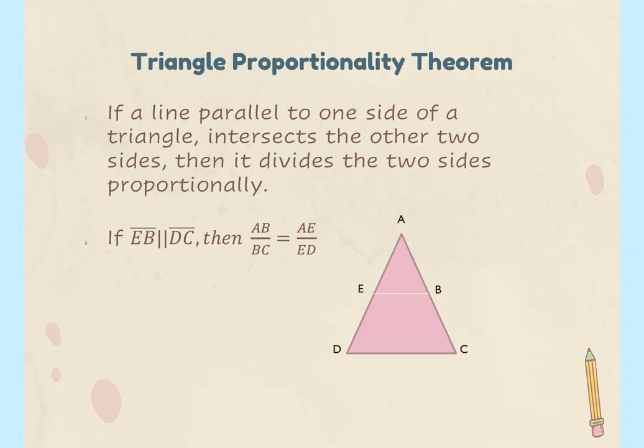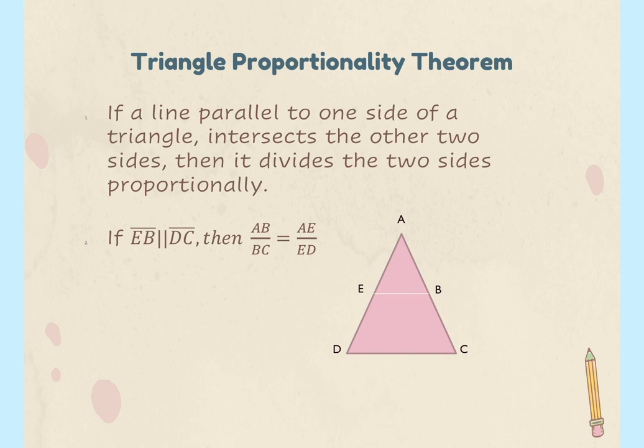So the first one is called the triangle proportionality theorem. And what it says is that if a line parallel to one side of a triangle intersects the other 2 sides, then it divides those 2 sides proportionally. So you have to first start with a triangle.